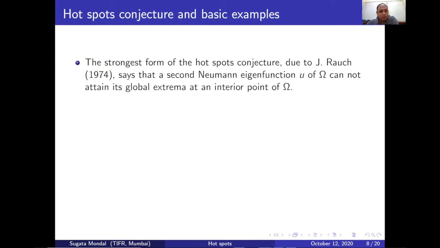Now I'm going to give you the conjecture. The conjecture, attributed to Rauch, says that any second Neumann eigenfunction u of any domain cannot attain its global extrema at an interior point of omega.